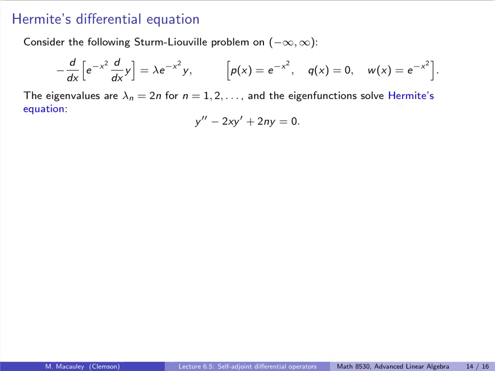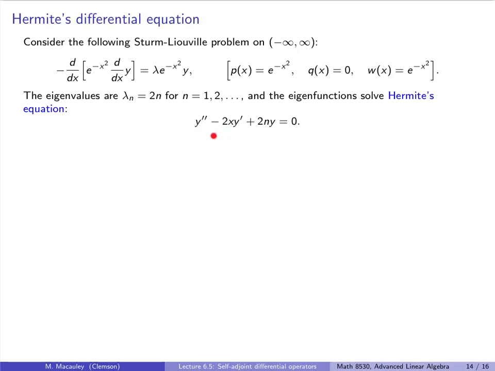It can be checked that the eigenvalues of this equation are 2n for natural numbers n starting at 1, and the corresponding eigenfunctions solve this equation when you plug 2n in for lambda, which reduces down to Hermite's differential equation, y double prime minus 2x y prime plus 2ny equals 0.